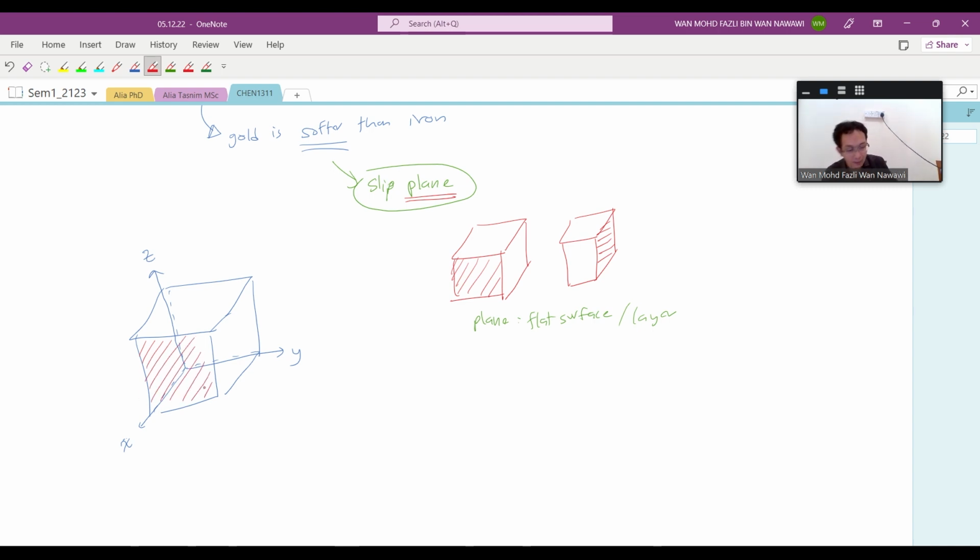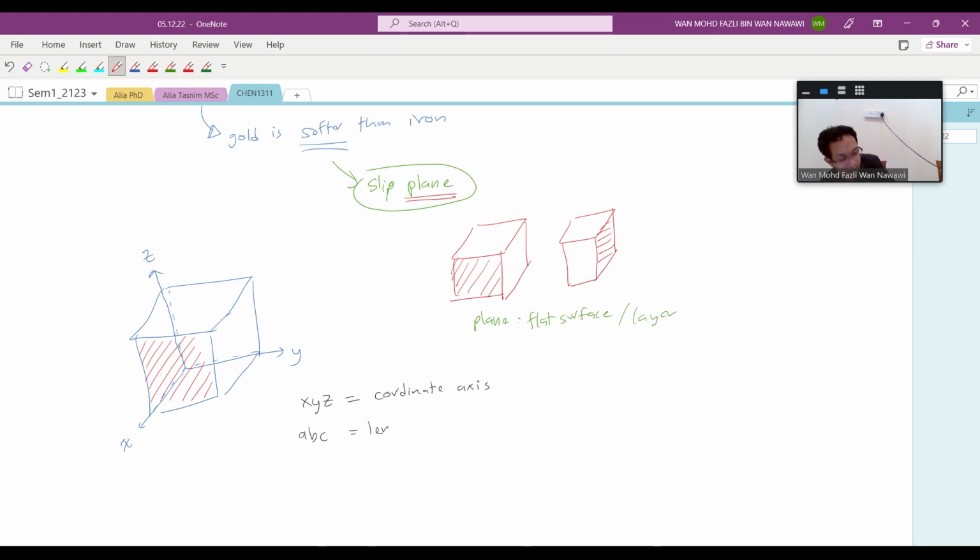X, Y, Z, as we learned before, is simply the coordinate axis. In order to describe this plane, you need to use ABC.